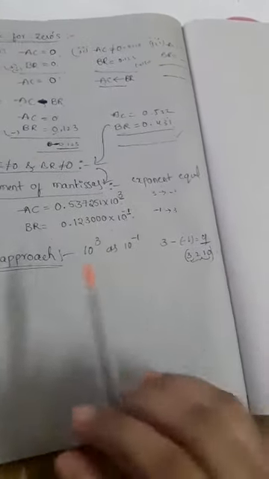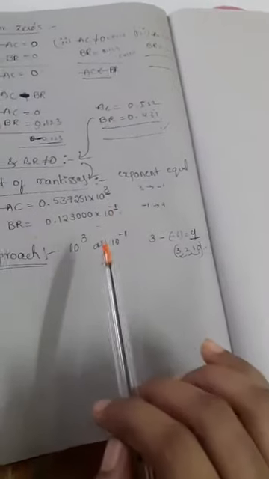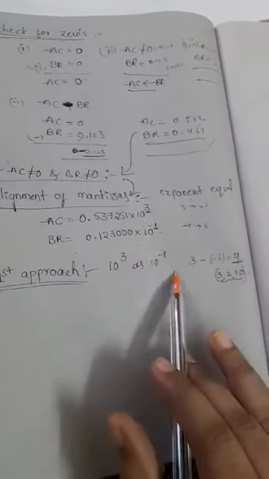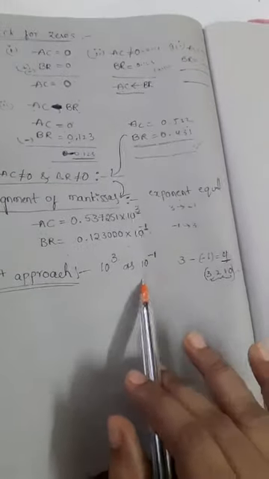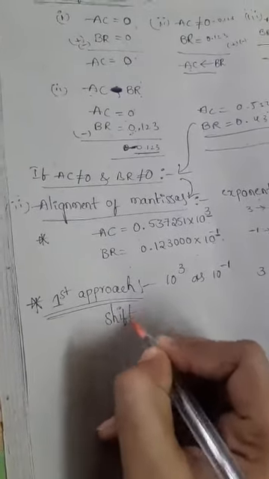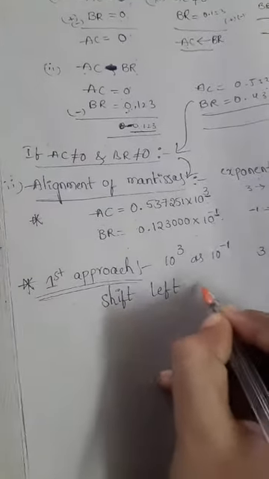How can we make the two exponents equal? In the first approach, to make 10 cube into 10 power minus 1, we perform the shift left operation. Remember this point, this is very important.